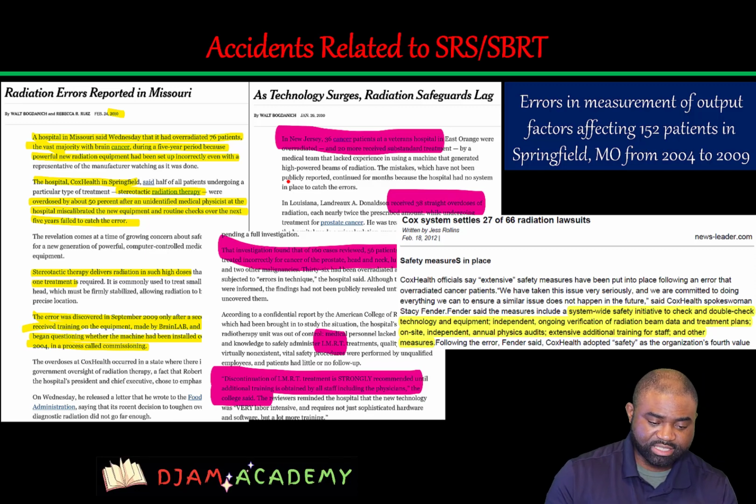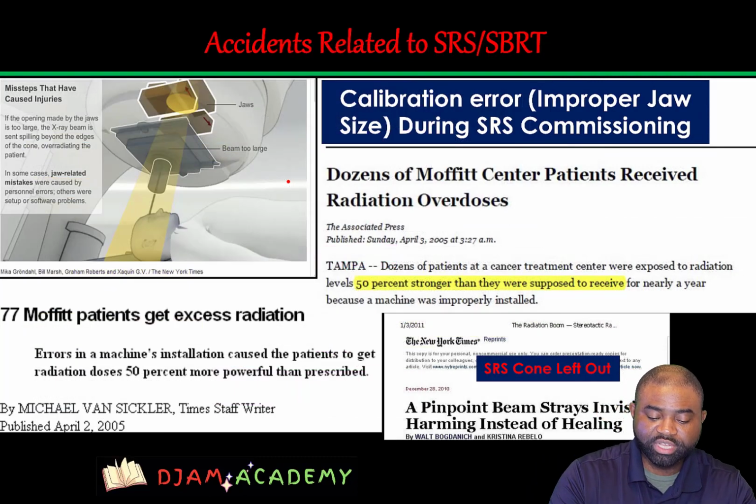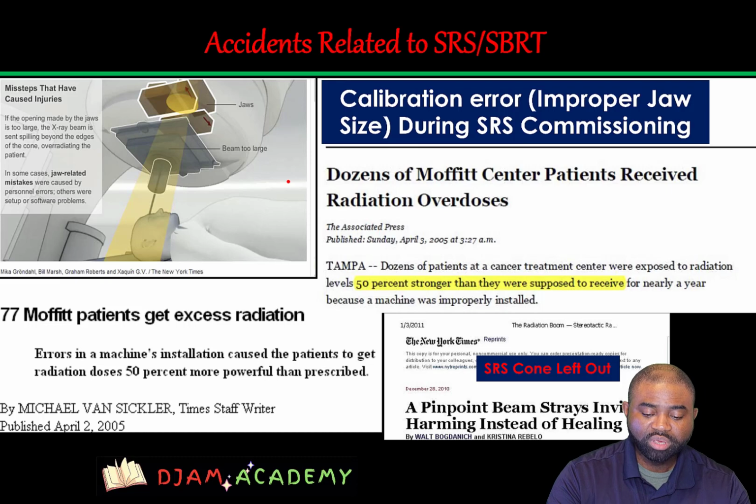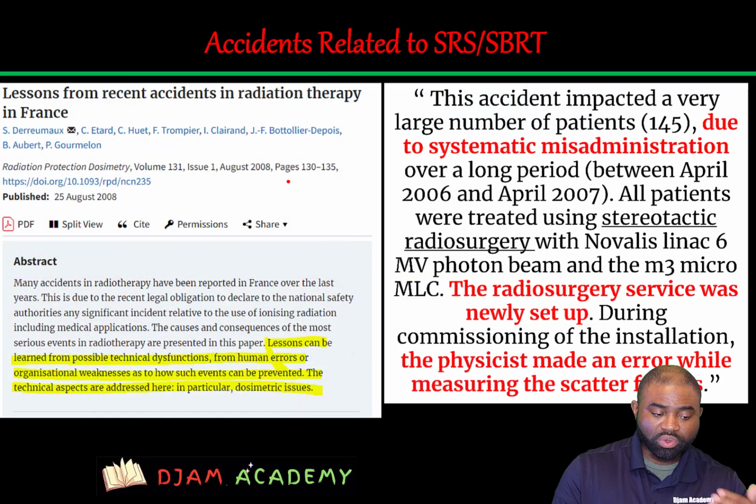In another accident reported at Morehead Cancer Center in Florida, patients were over irradiated to the tune of about 50%, attributed to calibration errors during commissioning. And we can go on and on.